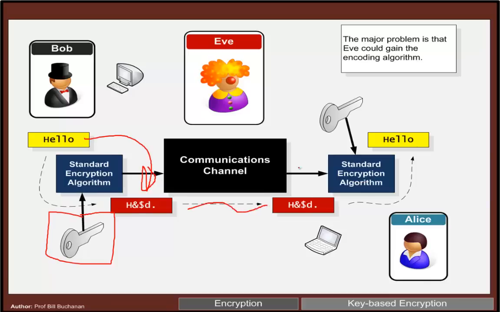The ciphertext is then sent, and then the same key is used to decrypt the message to give us back our plaintext. If Eve does not know the key, then it's very difficult for her to read the communications or even change them. So this is known as key-based encryption.